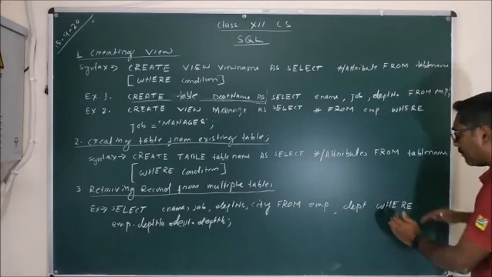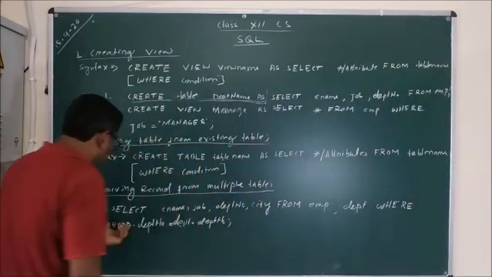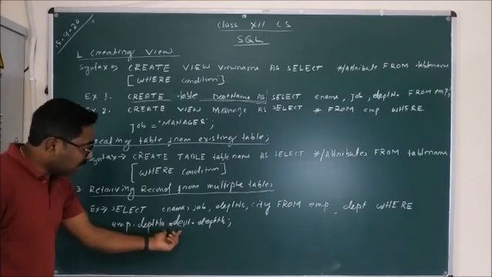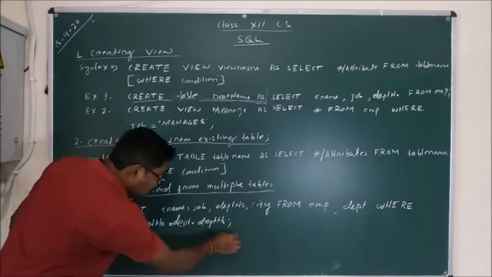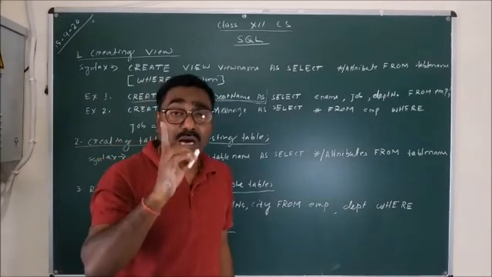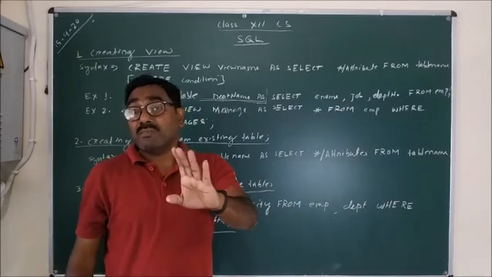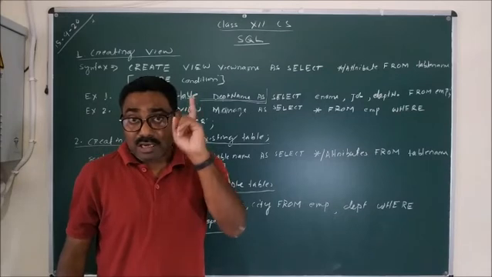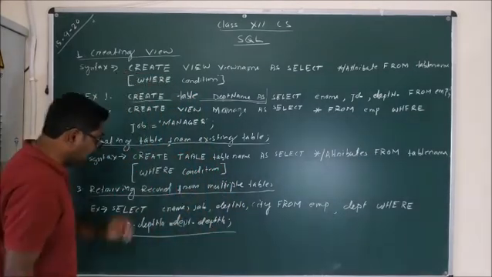Now here I am mentioning a condition: EMP dot department number equal to department dot department number. This condition must be written. Without this condition, you cannot retrieve information from multiple tables. Remember this: the common field must be checked in the case of multiple tables.